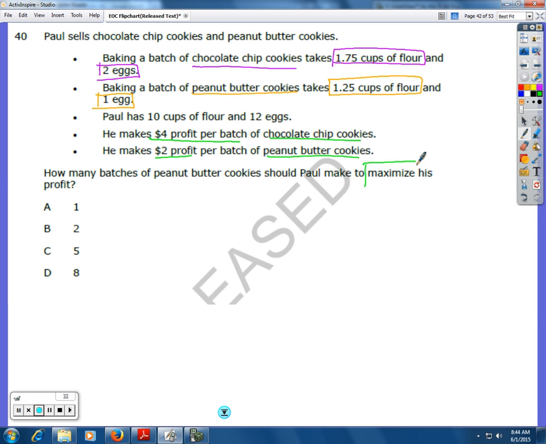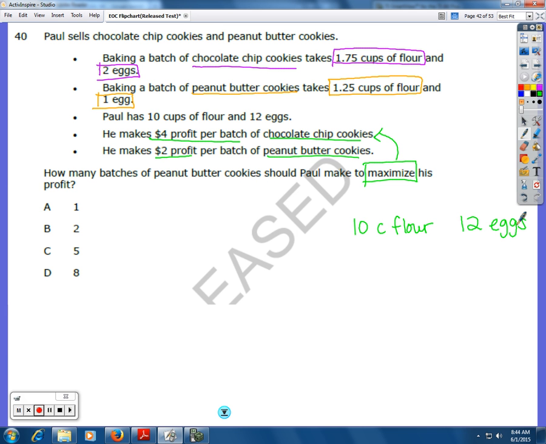All right, so if Paul wants to maximize his profit, he makes more selling chocolate chip cookies than he does peanut butter cookies. So using the ingredients that he has, he's going to want to make as many chocolate chip cookie batches as he can, and then use the leftover ingredients to make peanut butter cookies. So let's look here. Paul has 10 cups of flour and 12 eggs.